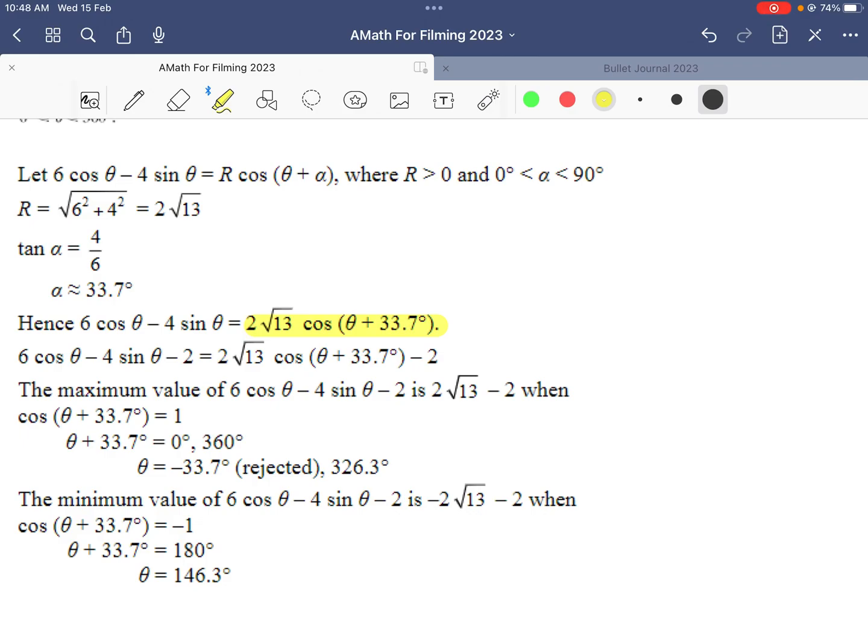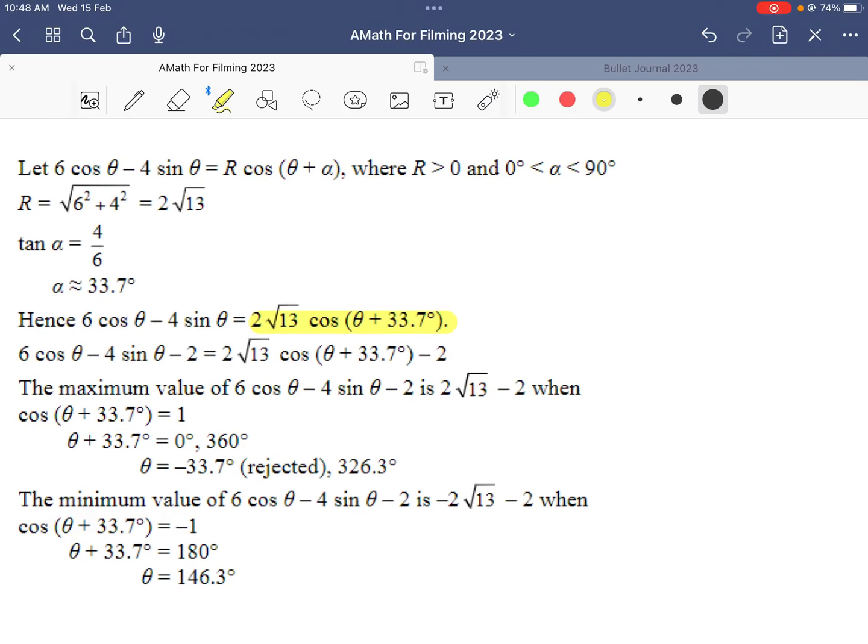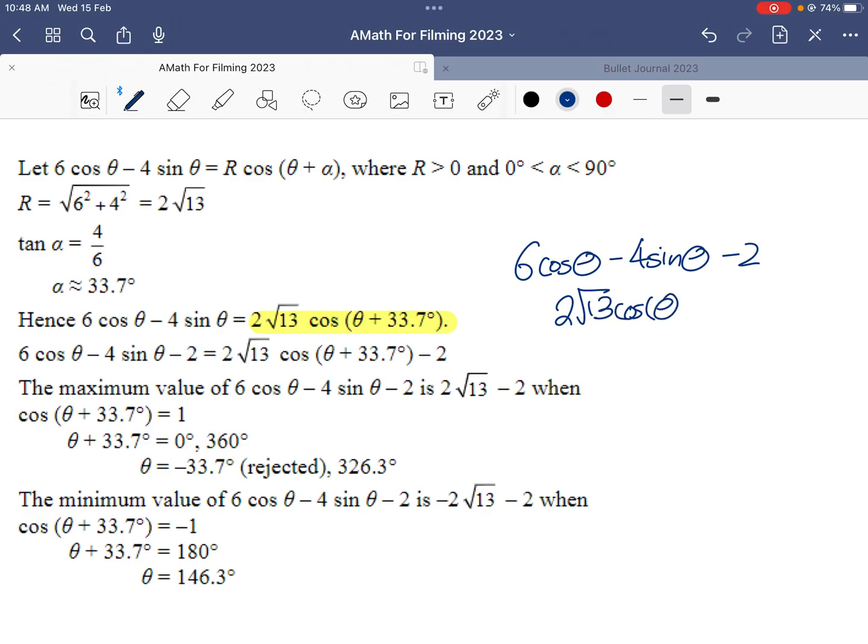Now see slowly. My whole function, 6 cosine theta minus 4 sine theta minus 2, becomes 2 square root 13 cosine(theta plus 33.7 degrees) minus 2.